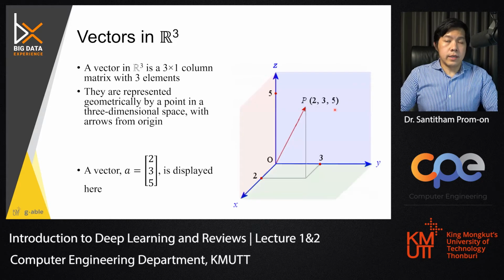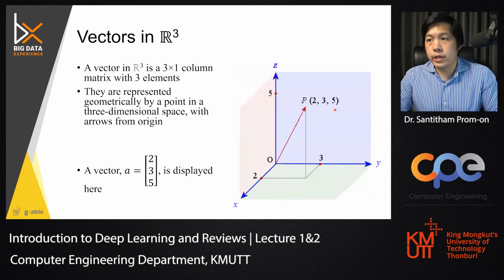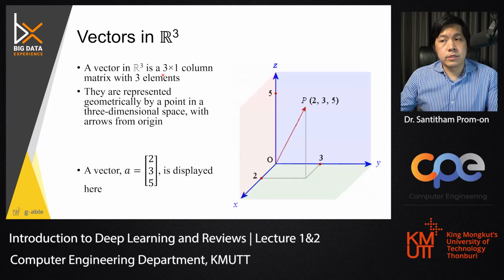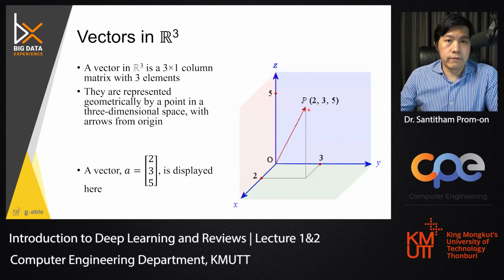For a vector in R3, the 3-dimensional space, this is also just a column matrix, just a column vector. This is a 3 times 1 vector with 3 elements like 2, 3, 5. The vector points starting from the origin to the point 2, 3, 5.